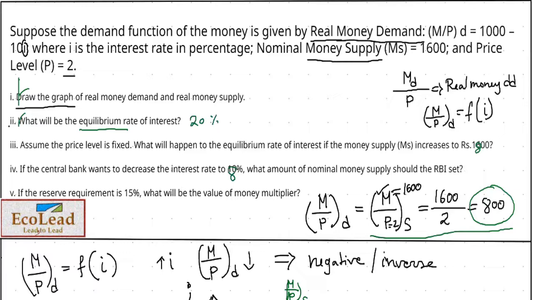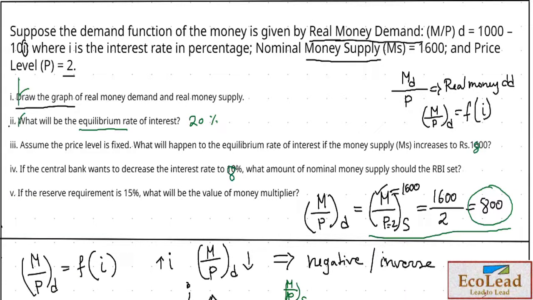So there are two corrections in the question. So let us first look at question number 3. What will happen if the money supply increases to 1800?